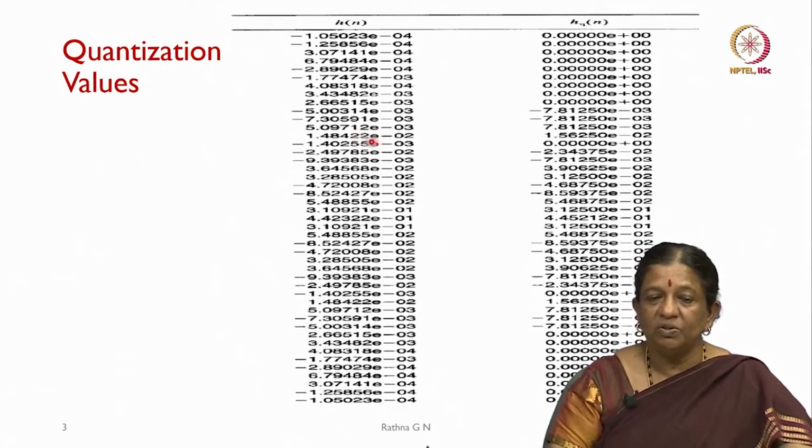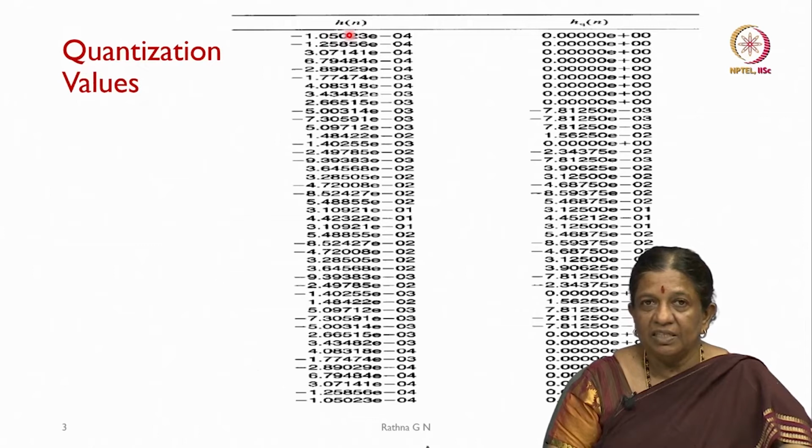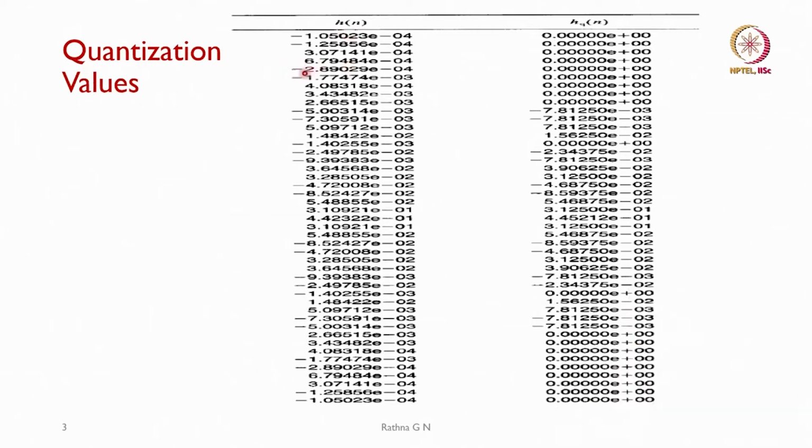Here it is going to show me h of n. So, you will be seeing the FIR filter continuous signal. The values represented go from minus 1 to 10 power minus 4, and you will see that some more values are present. When I do the quantization of it, we call it hQ of n, the quantized version.